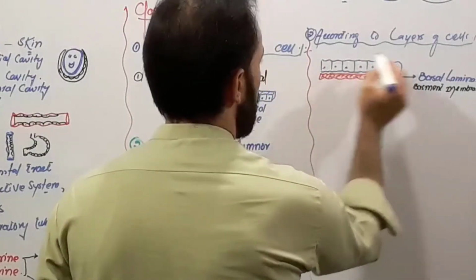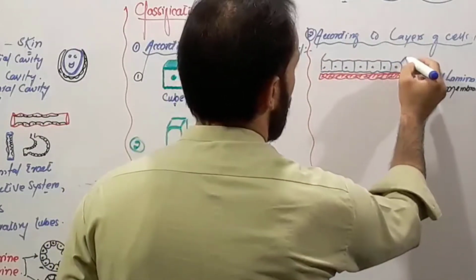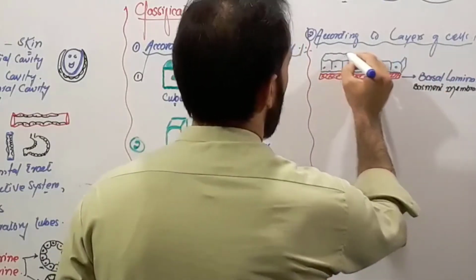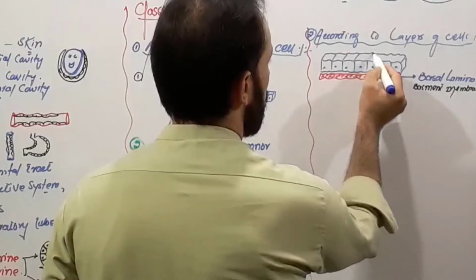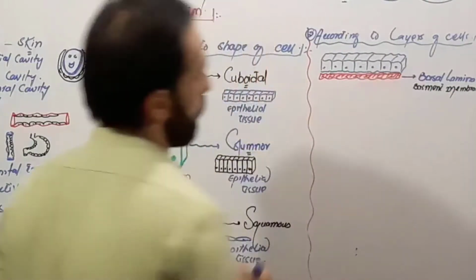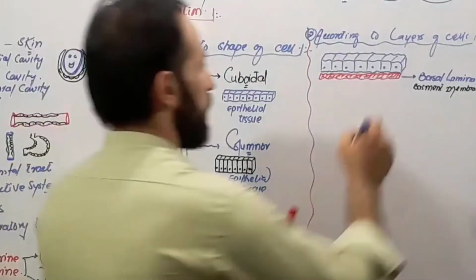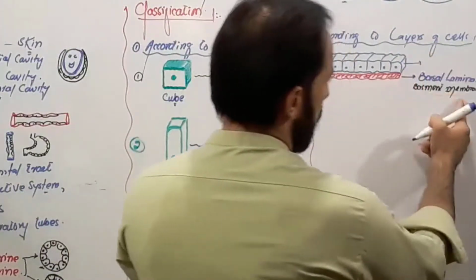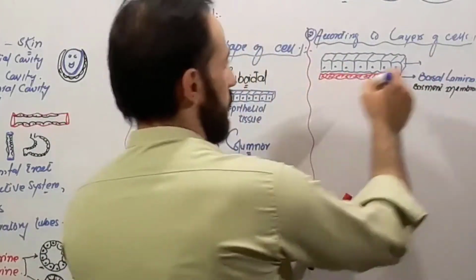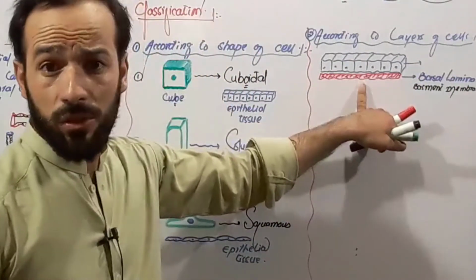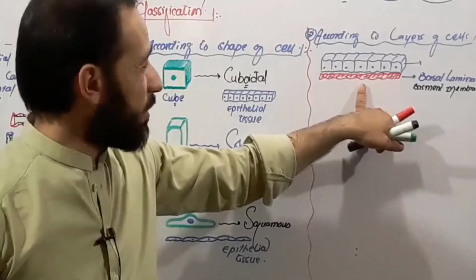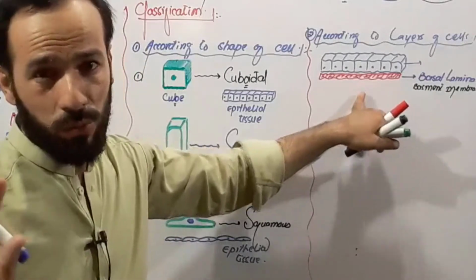Now your epithelia is resting on a basement membrane. It is very important for the function and for the proper structure of your epithelial tissue that there must be a basement membrane or basal lamina below the epithelial tissue. So my friends, I will discuss the structure of this basement membrane in detail, don't worry, right?